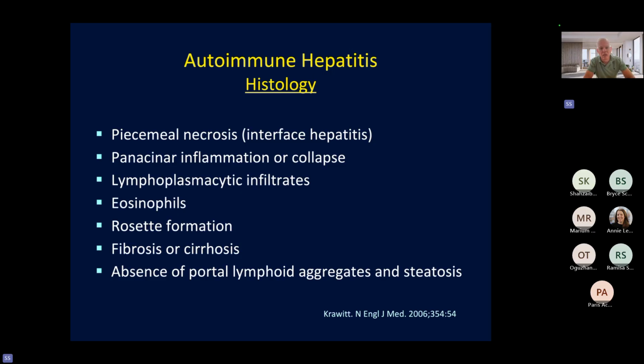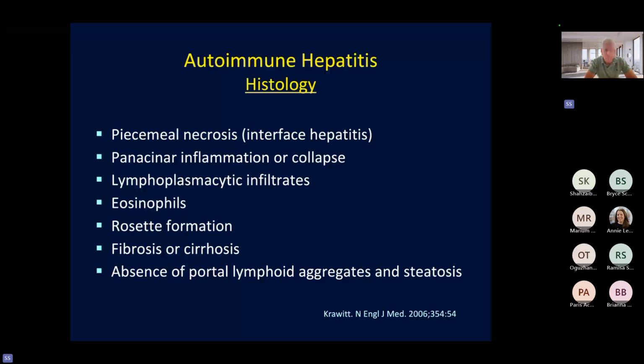Histologically, it is very characteristic. Again, autoimmune hepatitis is represented histologically by interface hepatitis or piecemeal necrosis. You can have collapse of the liver lobules because of inflammation and hepatocellular destruction.